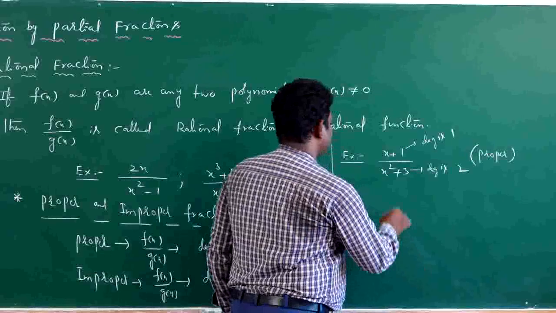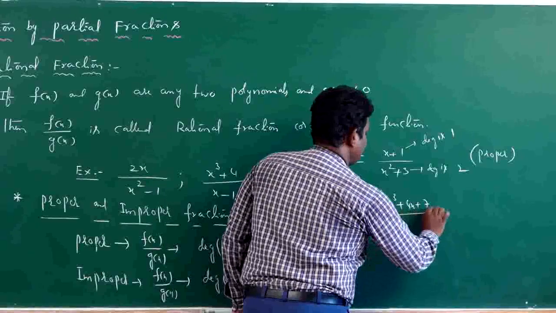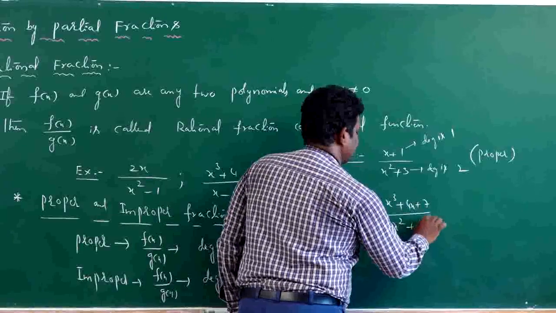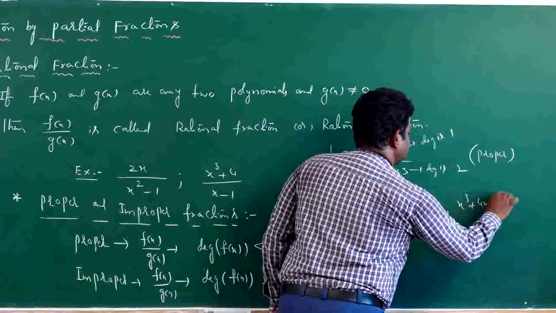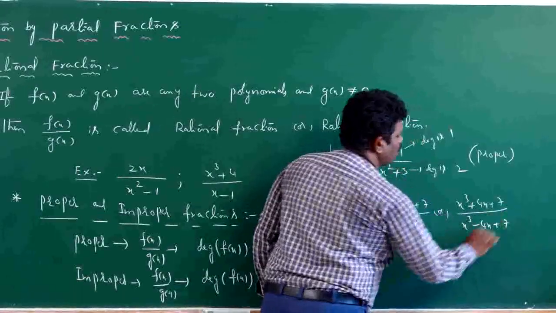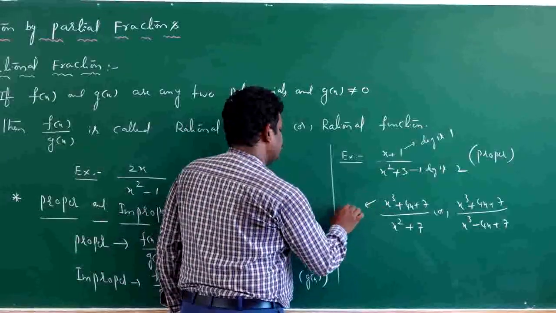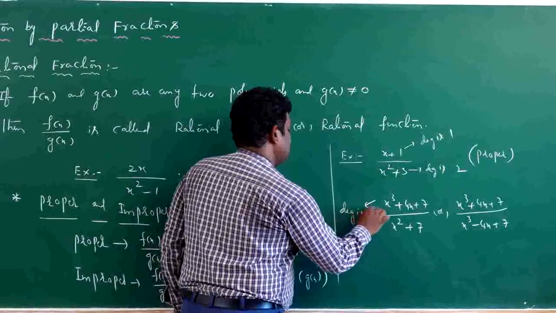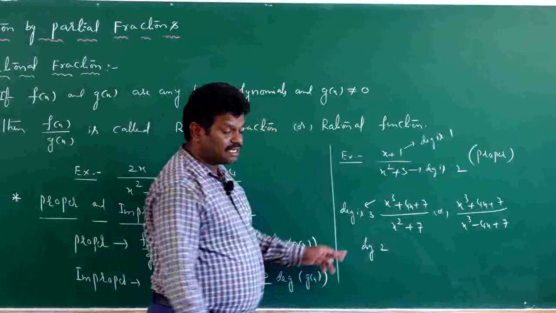Next, improper: x cube plus 4x plus 7 by x square plus 7, or x cube plus 4x plus 7 by x cube minus 4x plus 7. In the first, the numerator degree is 3 and the denominator degree is 2, and 3 is greater than 2.